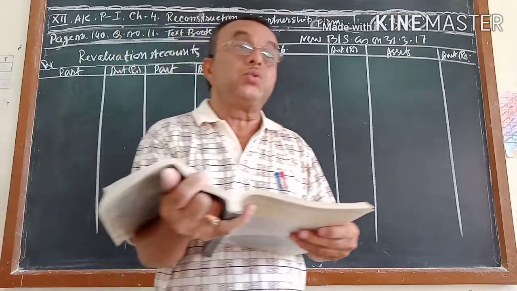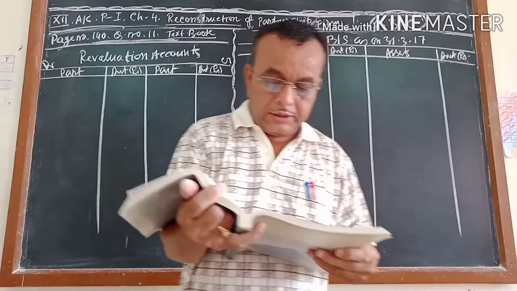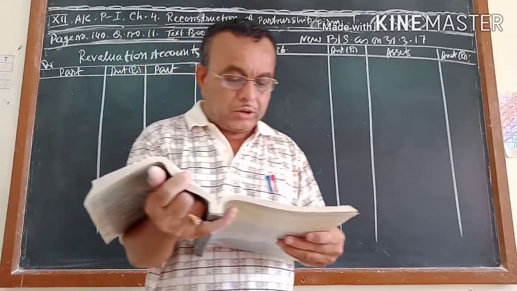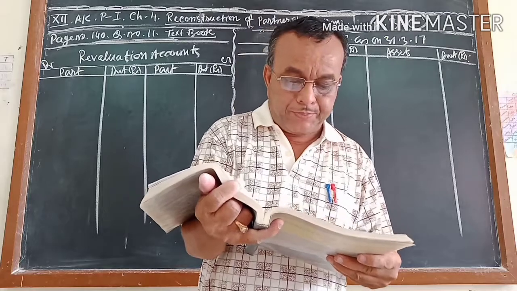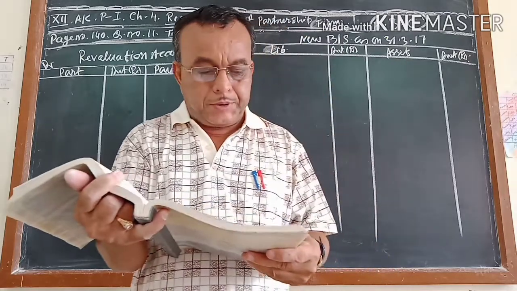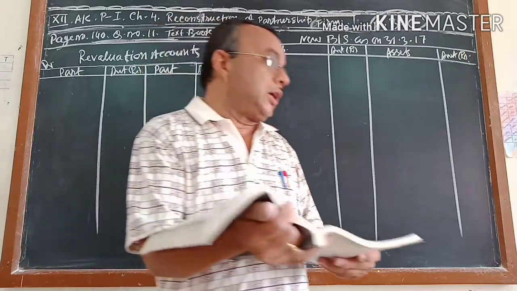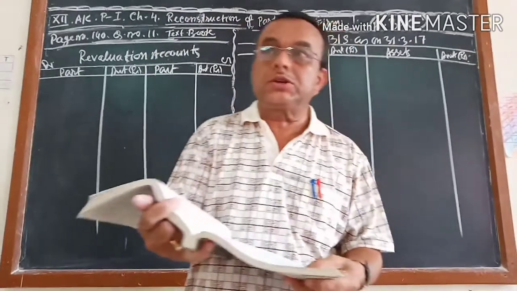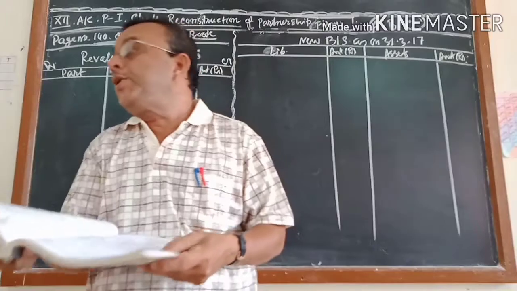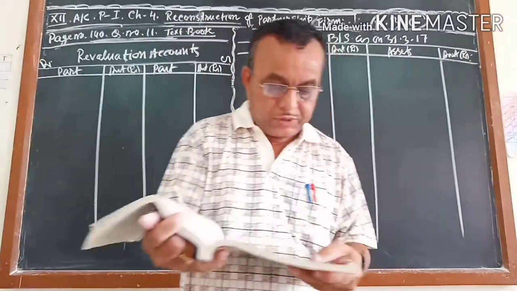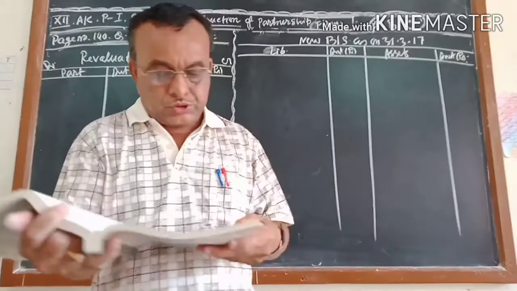So 5:3:2 is the old and 3:2:1 is the new. Therefore, they decided to revalue the assets and liabilities of the firm. From the following information, prepare the revaluation account and balance sheet. They did not tell you to do the journal. I will do the revaluation account and balance sheet. If you are able to do the revaluation account, it means you know the journal. Directly we will do the posting.